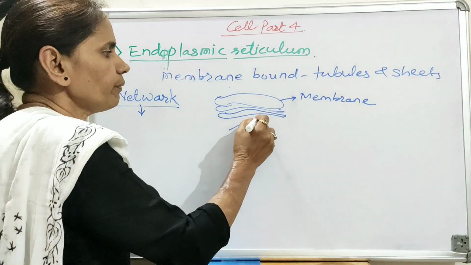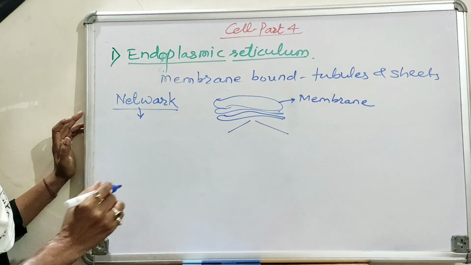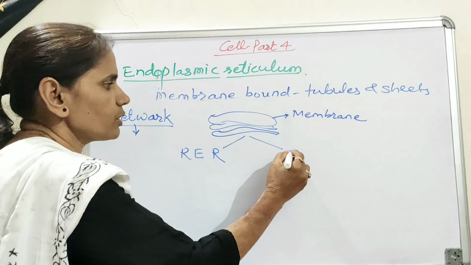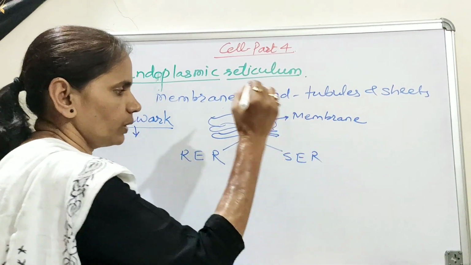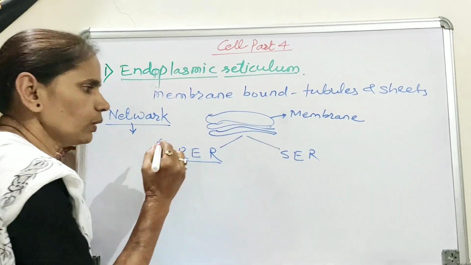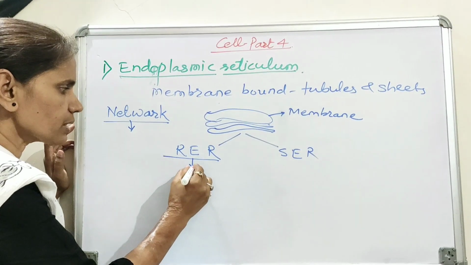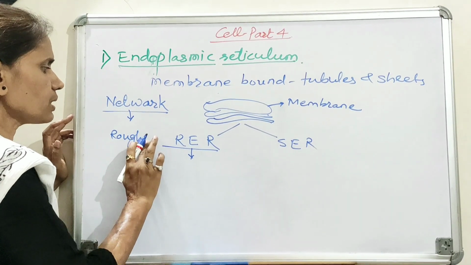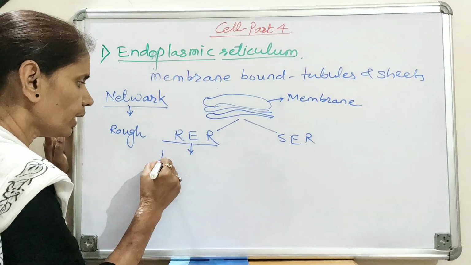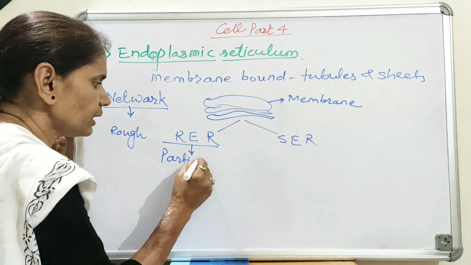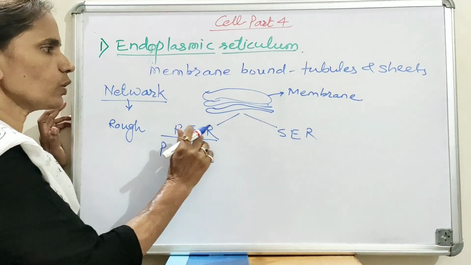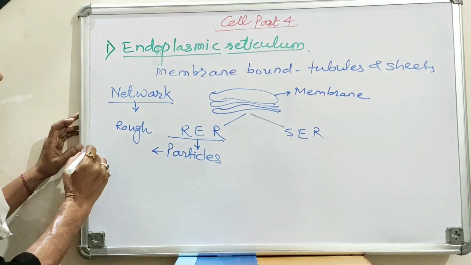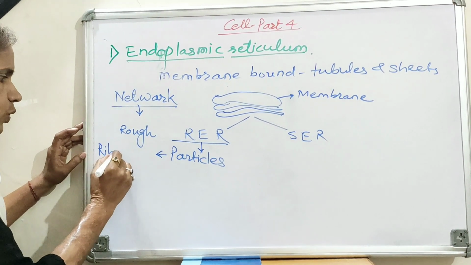Now there are two different types of endoplasmic reticulum, that is rough endoplasmic reticulum and smooth endoplasmic reticulum. The rough endoplasmic reticulum appears rough under the microscope, because of particles attached on the surface of the endoplasmic reticulum. These particles are nothing but the ribosomes.